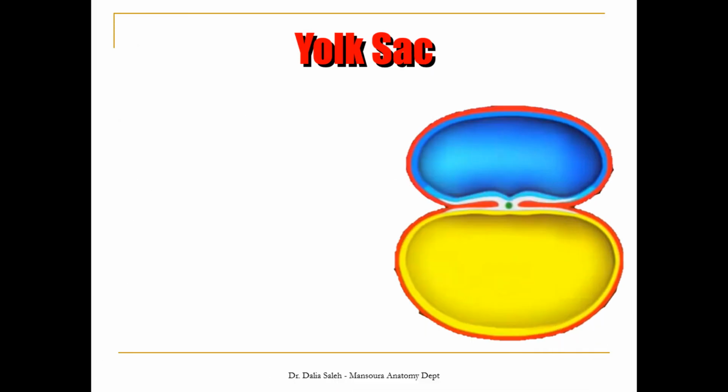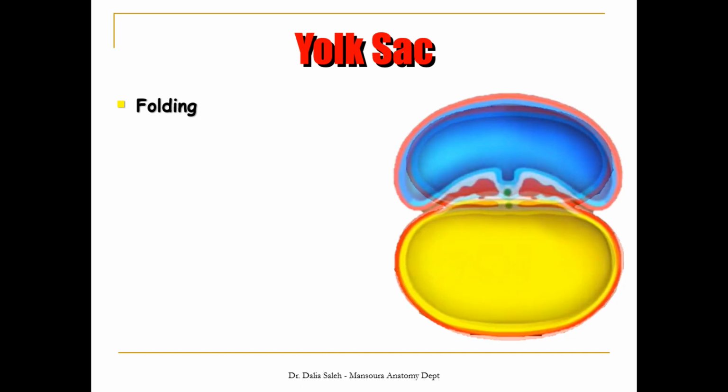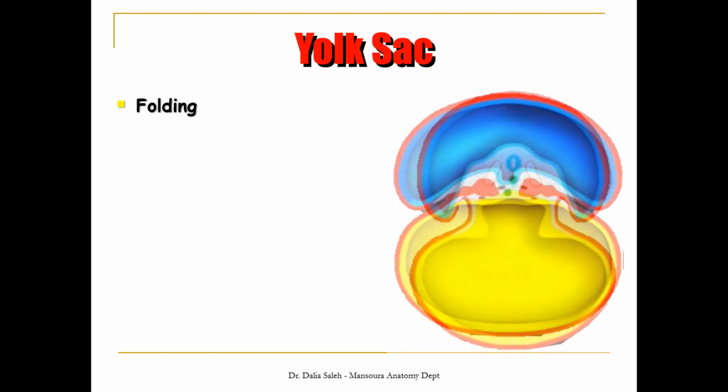Then the yolk sac is also affected by folding of the embryo that takes place in the 4th week of development. Remember that the amnion grows and expands. At the same time, the yolk sac gets smaller.